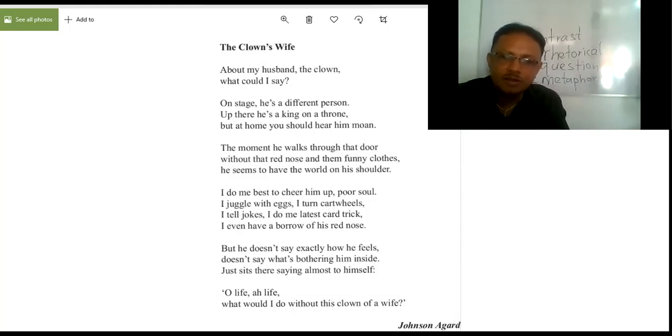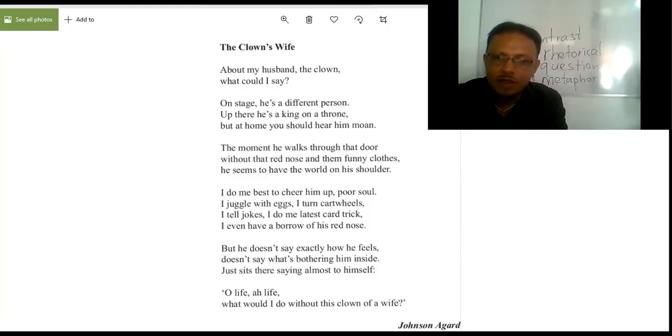We can imagine the clown, or the clown's wife, putting on a red nose and the actions done on stage. So these visuals are helpful, developing visual images. Also the colloquial expressions of language, "I do," "me base," "them funny clothes." Those words are very effective to communicate the meaning.